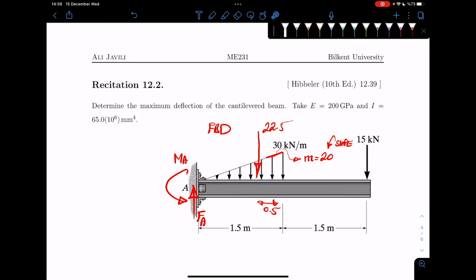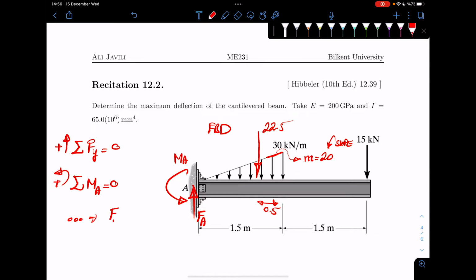Back to our equations, we write our equilibrium of forces. Equilibrium of forces in the y direction is 0, assuming upwards is positive, and equilibrium of moments with respect to A is 0, assuming counterclockwise is positive. They are very simple, obviously, for this example. Then FA would become 37.5 kilonewton. You can immediately see it: you have a force here, you have a force here, that's it. So this would be 22.5 plus 15, that's 37.5.